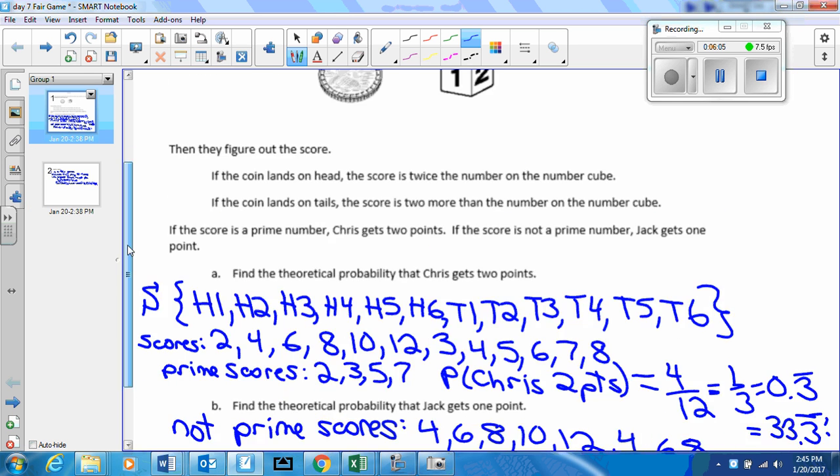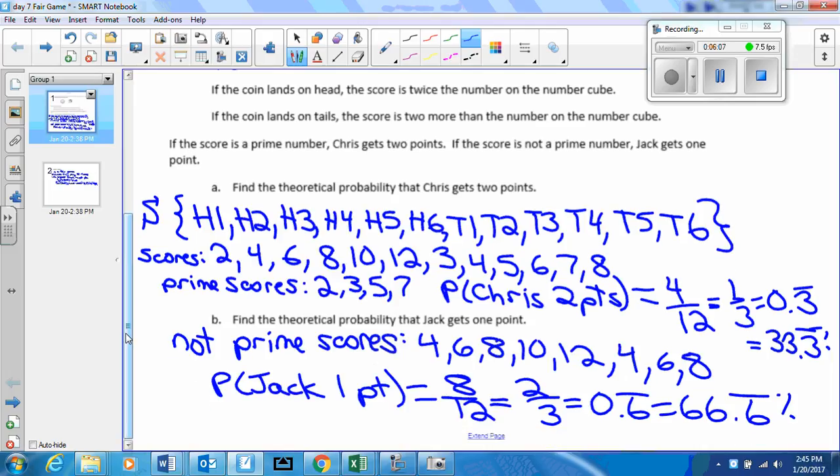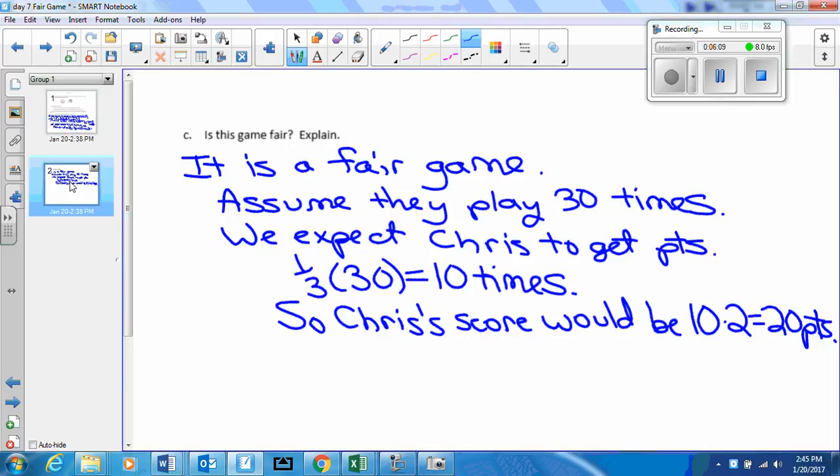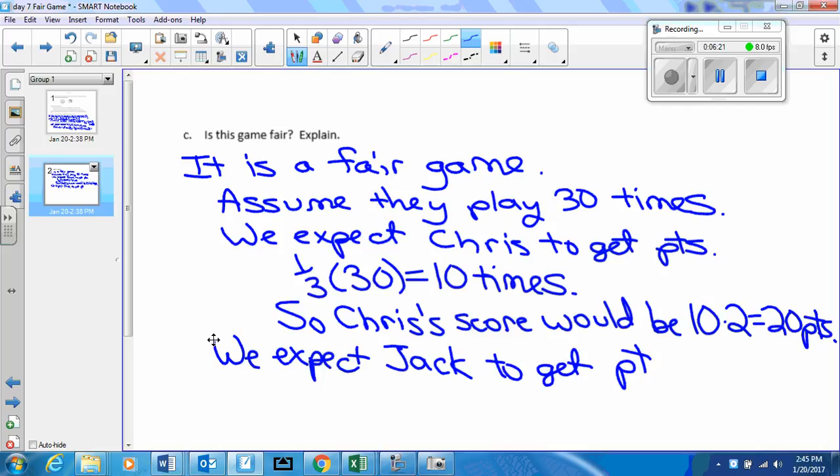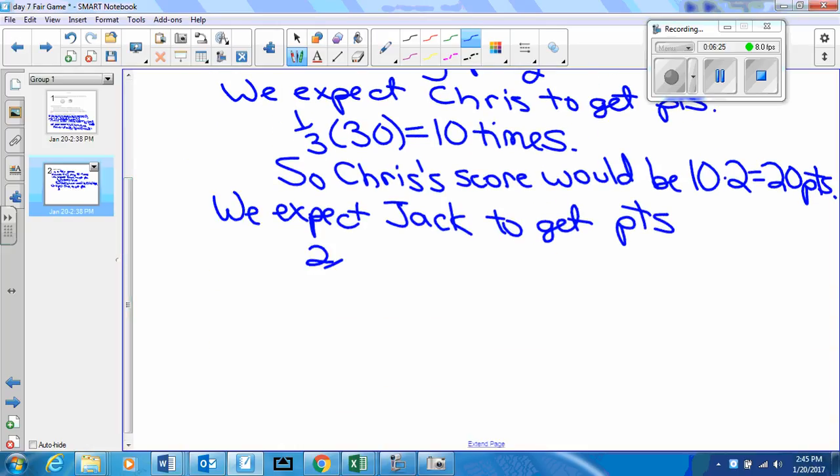Now looking at a similar idea for Jack. In 30 games, we expect Jack to get points 2/3 of 30, which ends up being 20 times.